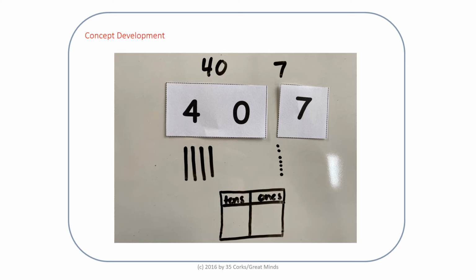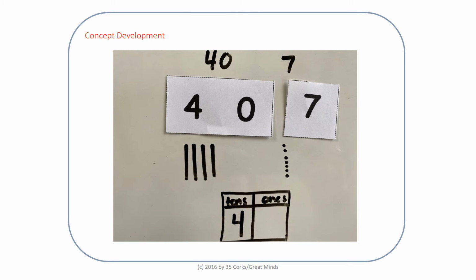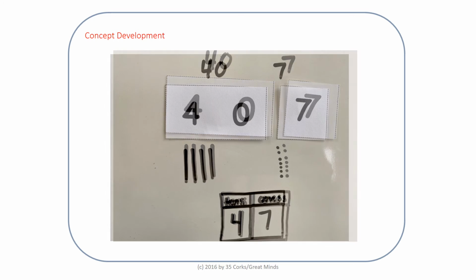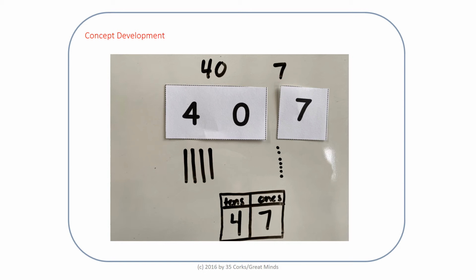How many 10s are in 47? 4 10s. So let's write 4 in the tens place. How many 1s are in 47? 7 1s. So let's write 7 in the ones place.